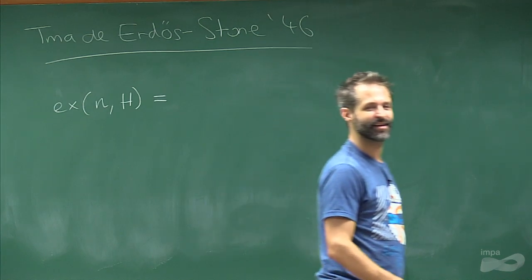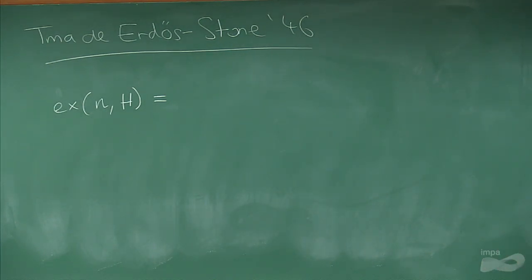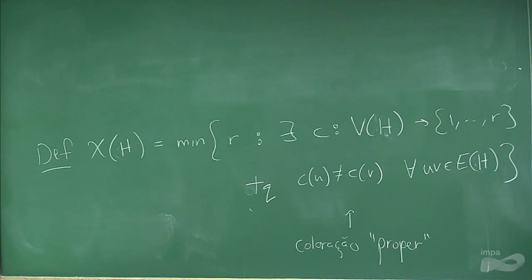A graph with chromatic number less than that of H. Yeah, exactly. If we have a graph with chromatic number less than that of H, it cannot contain H. So what's a graph with many edges and chromatic number less than that of H? Potatoes. Yeah, potatoes.